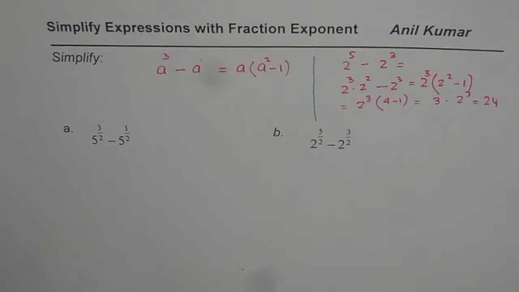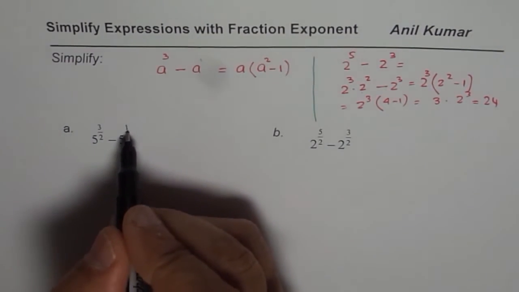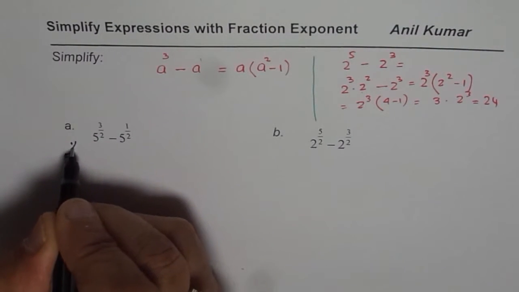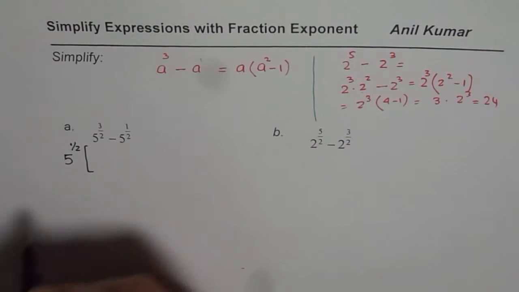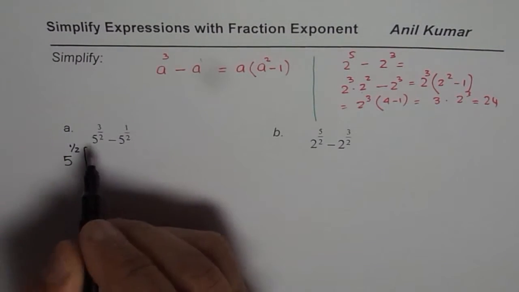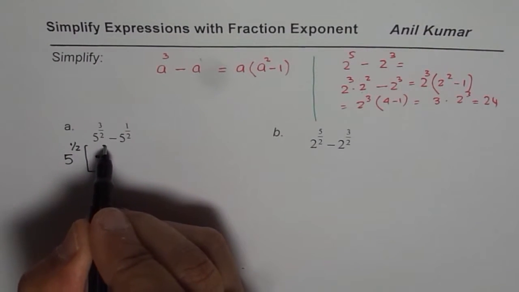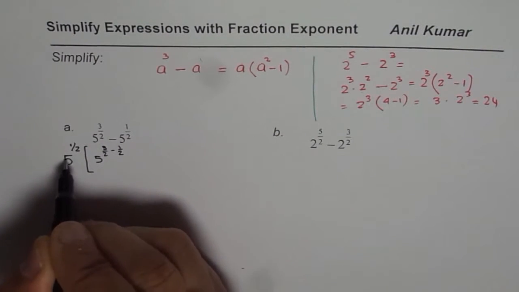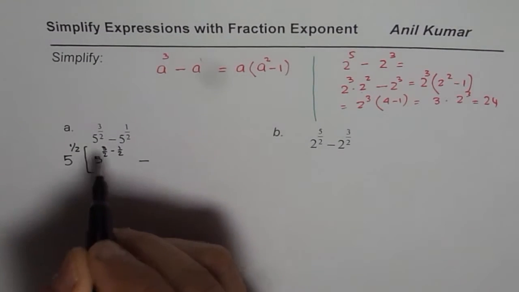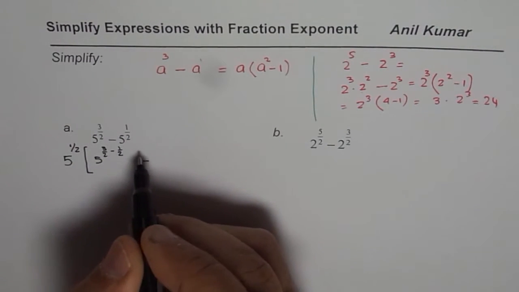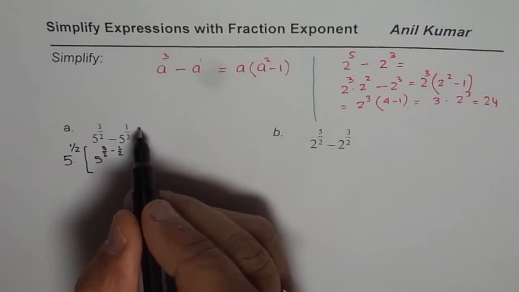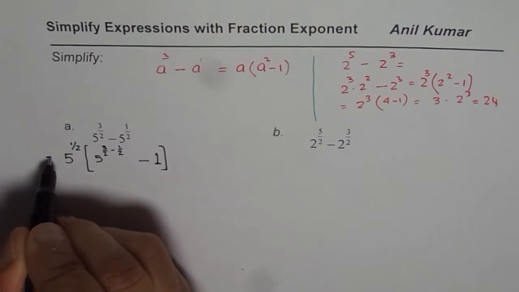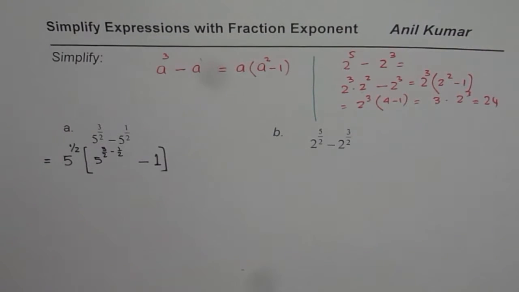Same way, 5 to the power of half is lower, so we'll factor this out. So we get 5 to the power of half as a common factor. Inside, I'll get 5 to the power of 3 over 2 minus that number, because I'm dividing by this. And minus 1, since I've already factored the whole thing, which is 5 to the power of half minus half, which is 0, which gives you 1. Anything to the power of 0 is 1. So that is the way to factor.